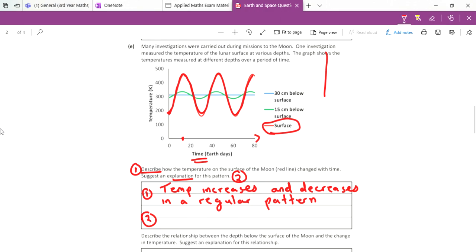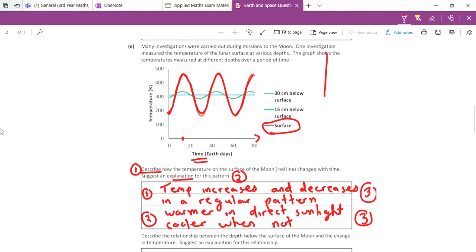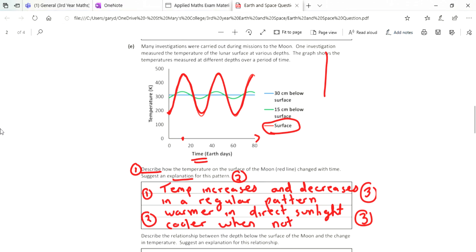So an explanation might be warmer in direct sunlight, cooler when not. And that's the second 3 marks. So 3 marks and 3 marks, but it's really, really important that you understand that there's 2 parts to the question.